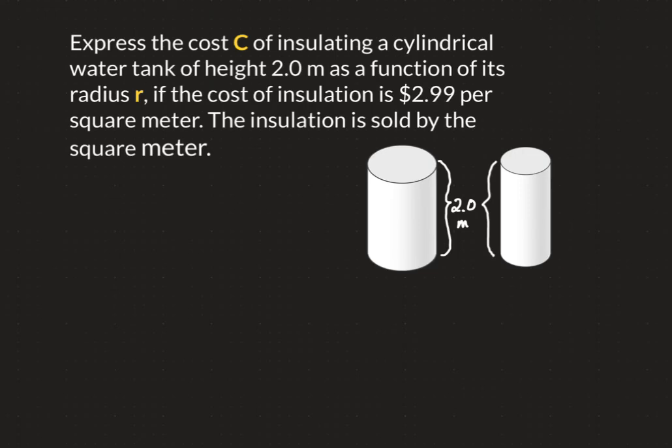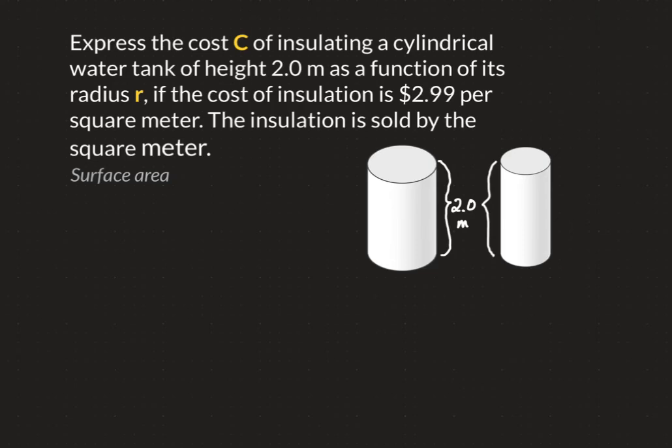Time for a final example, and we will do domain and range on this one also. All right, we're going to express the cost C of insulating a cylindrical water tank of height 2.0 meters as a function of its radius, r, if the cost of insulation is $2.99 per square meter, and the insulation is sold by the square meter, meaning you can't buy half a square meter.